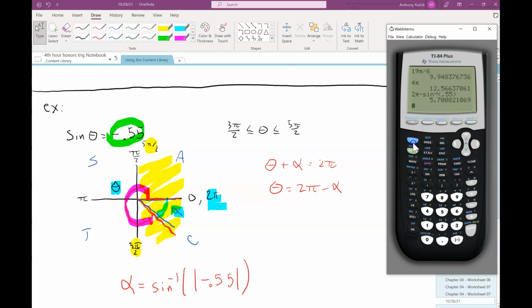Let's just double check that. So sine of that answer better give me negative 0.55, which it does. And it better lie between 3 pi over 2, which it's bigger than, and 5 pi over 2, which it's smaller than.